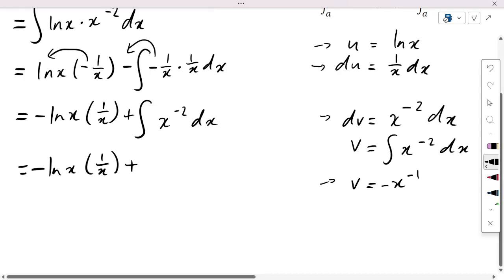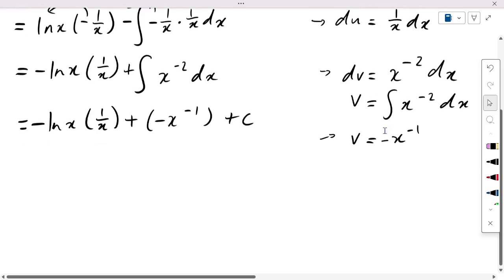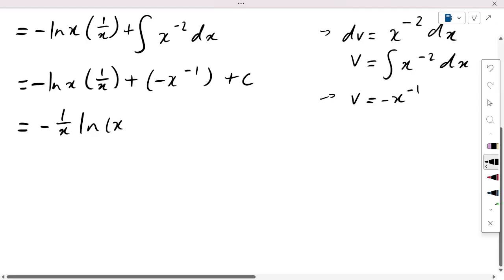So we can just say that's equal to negative x to the power of negative 1 plus c, because we already took the last integral that we had. So it's plus c. Now we can write this in simple terms: negative natural log of x. I actually want to write the 1 over x in front here just to show you what's going to happen. Natural log of x, and this is going to be minus 1 over x plus c.